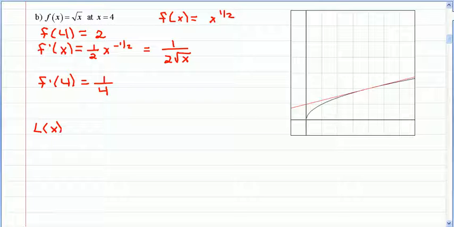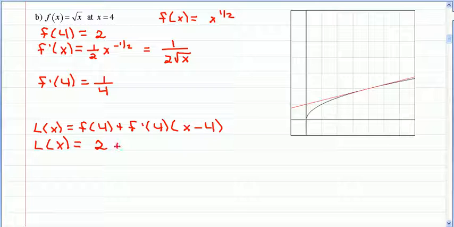So the equation of the tangent line is f of 4 plus f prime of 4 times x minus 4. f of 4 is equal to 2. f prime of 4 is equal to 1/4.